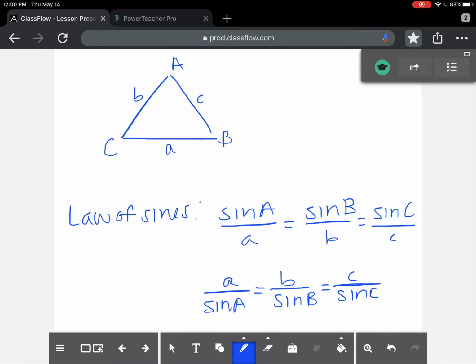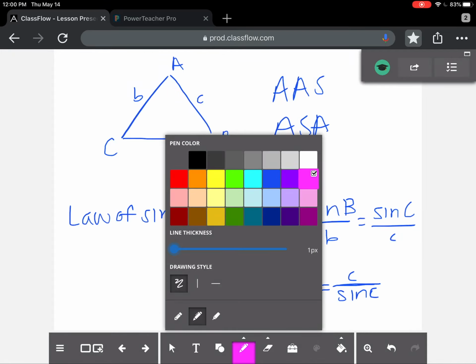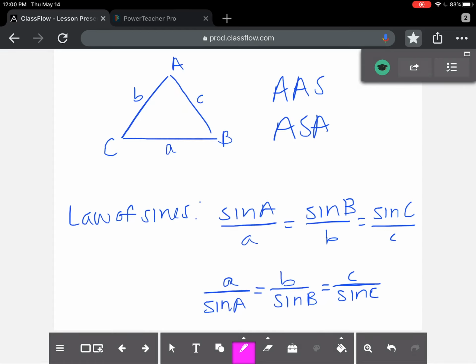Or you can flip them. You can say little a over sine of big A equals little b over sine of big B equals little c over sine of big C, as long as they're all flipped. Either one. So that is the law of sines.